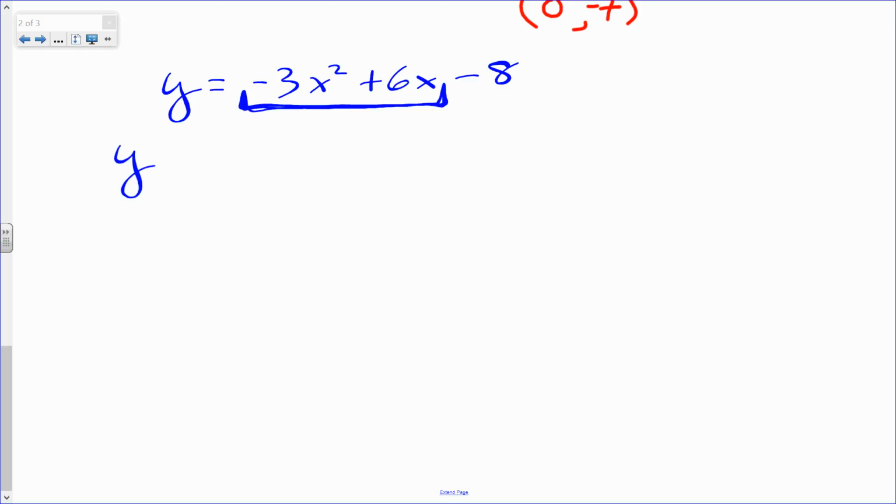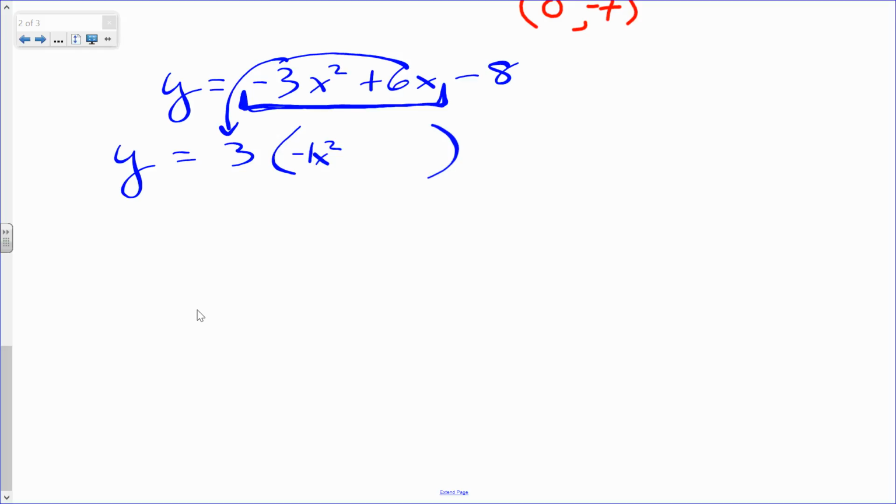If I factor out a 3, what ends up happening? 3 times what is negative 3x squared? Negative 1x squared, huh? But now notice, a is not 1 still. I want a to be 1. So 3 is not going to work. Something else has to work.